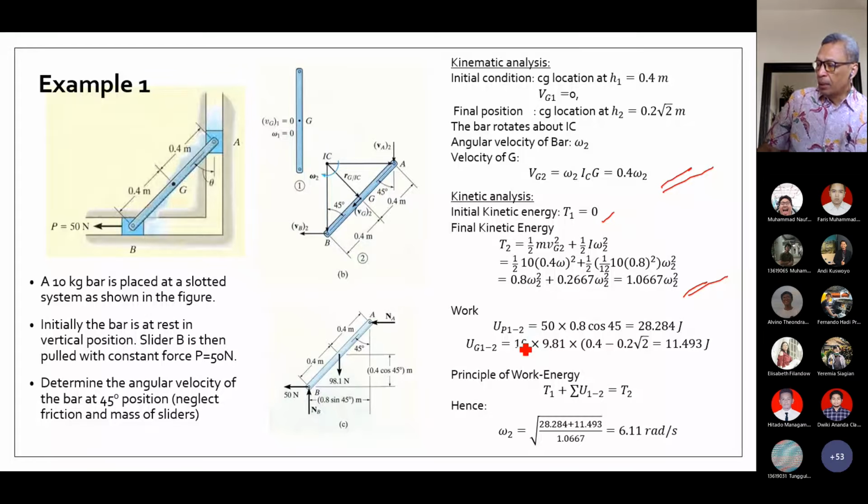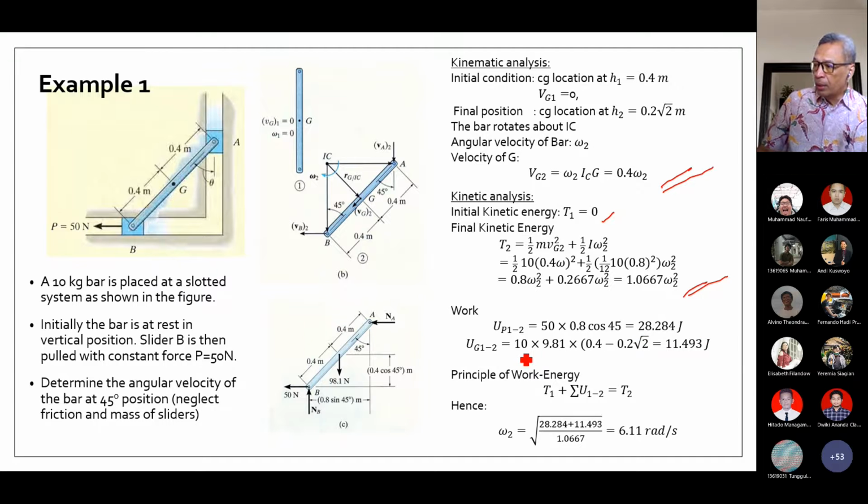And the work done by the force 50 Newton: it moves from this point to this point. The distance is 0.8 multiplied with cosine 45. The work is 50 multiplied with 0.8 cosine 45. You obtain this value.